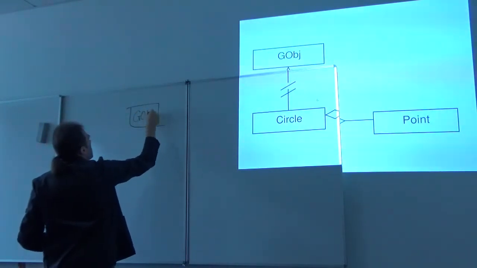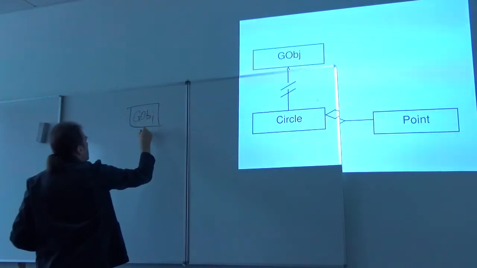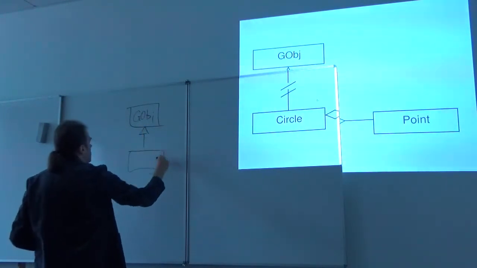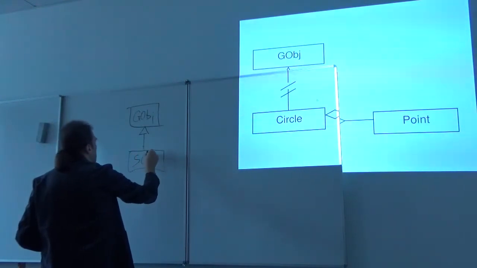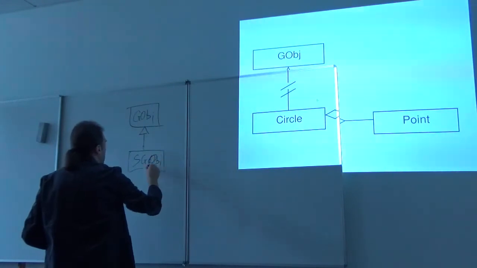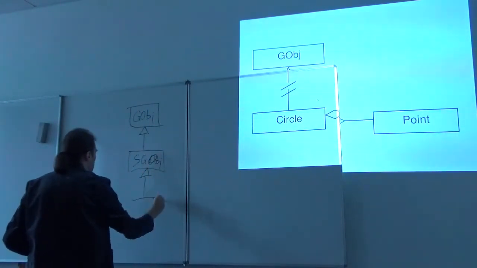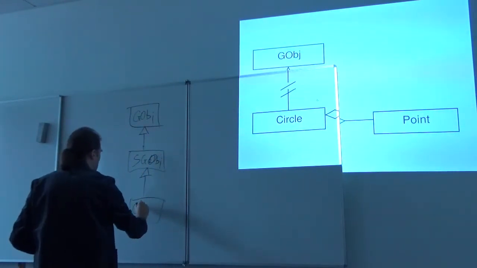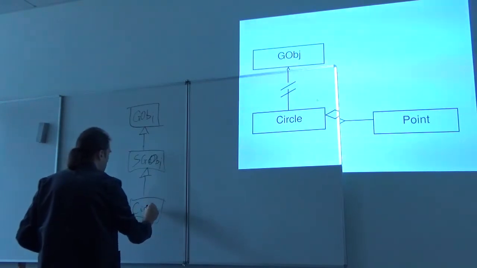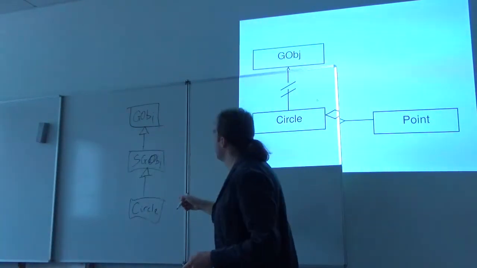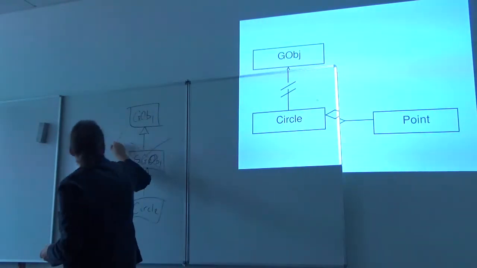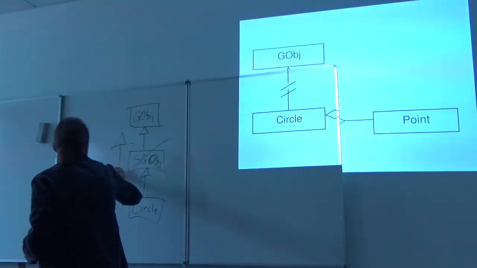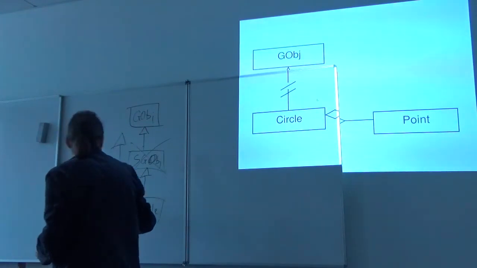Let me show you this picture, like this special graphical object, and this could be a circle there, something like this. And I don't want to show this, so I say whatever is there, I don't care.